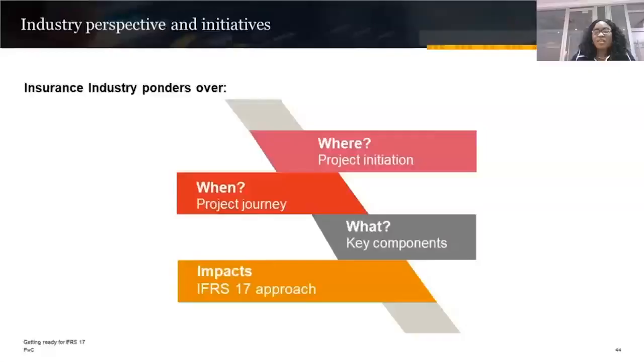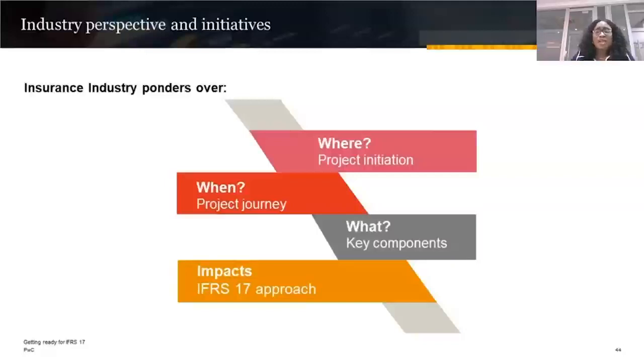Since 2012, just before we adopted IFRS in 2012, it's all been one thing or the other about international financial reporting standards that insurers have to adjust themselves to. Each time we keep thinking, oh, there's something new coming up. We ponder over so many things in our minds. We are wondering, how do we start these new developments?